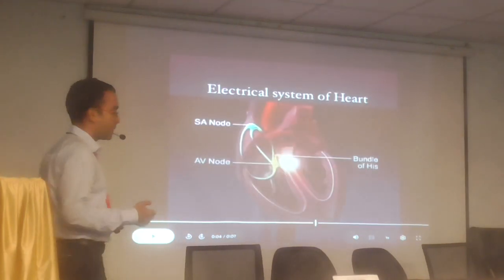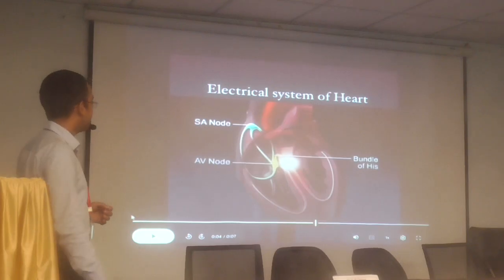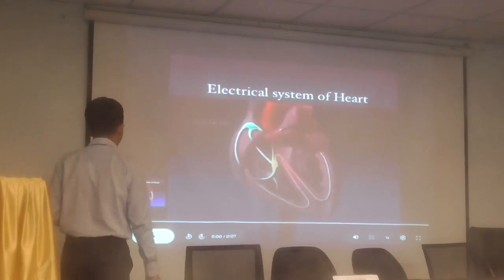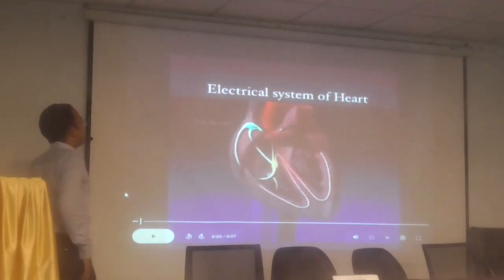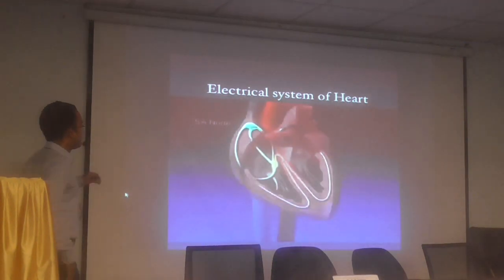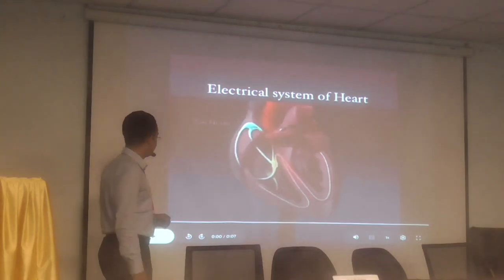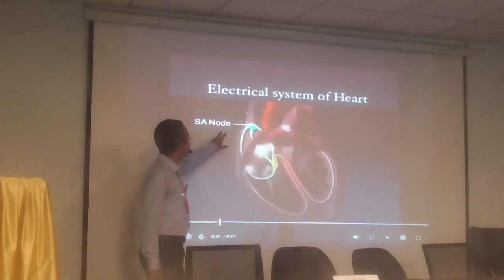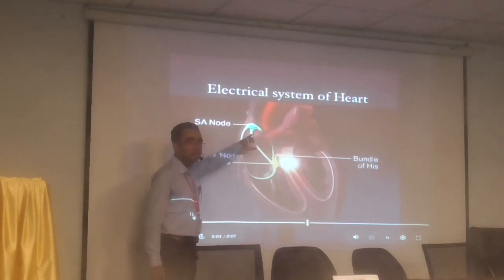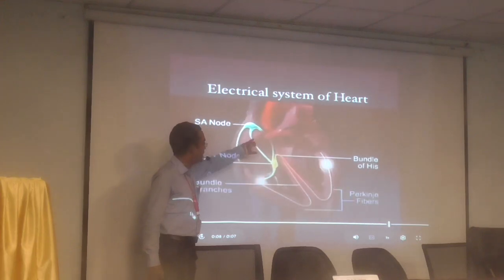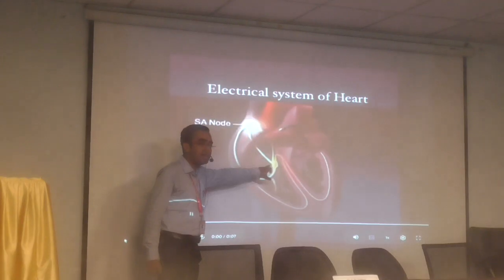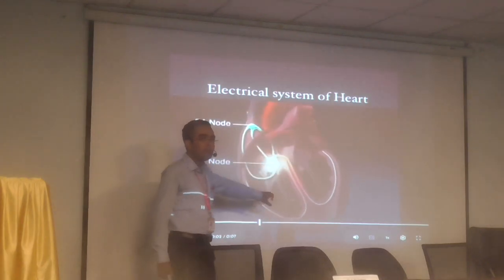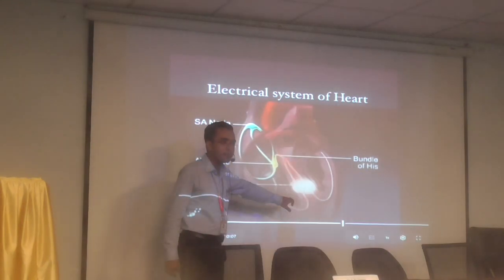So here there is the SA node. The SA node generates impulses and that reaches the AV node. It is re-amplified and after that goes to the bundle of His and Purkinje fibers.